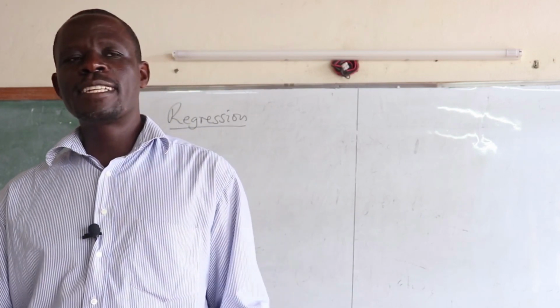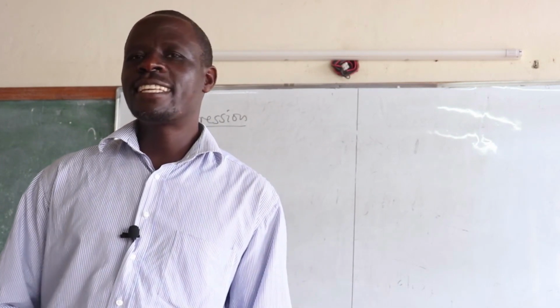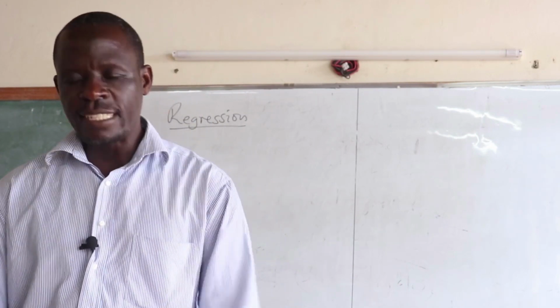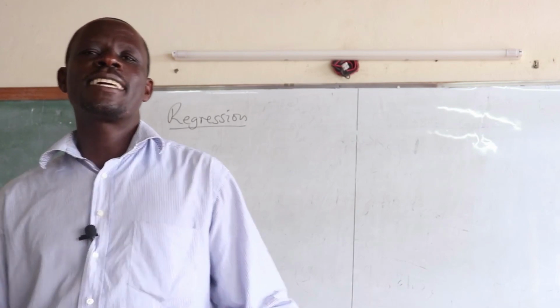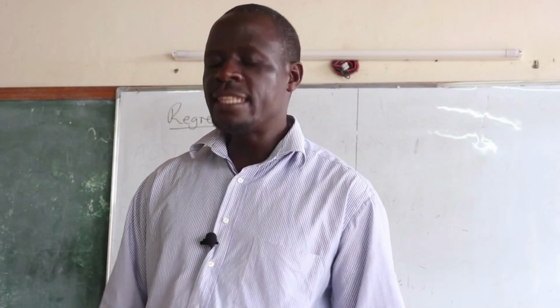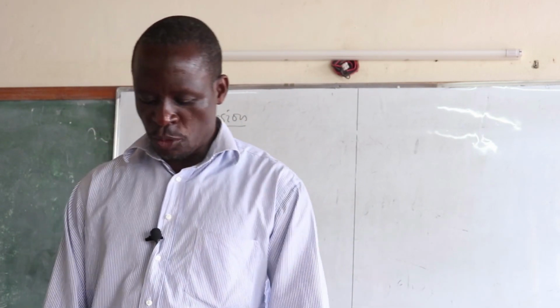When the child gets older, we also expect that the height of that child should be growing. This implies that the height of a child increases as the child becomes older.